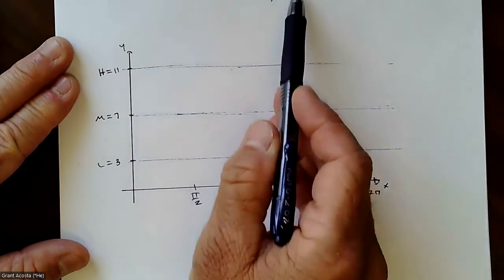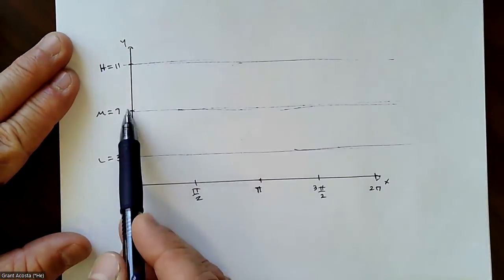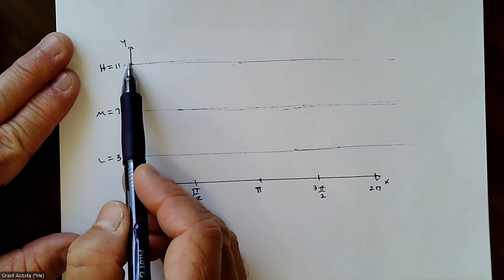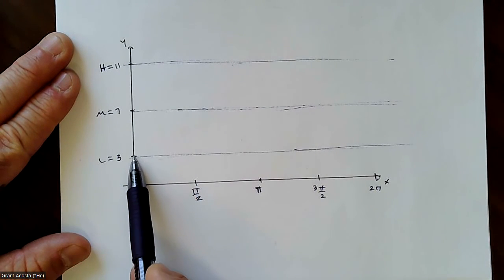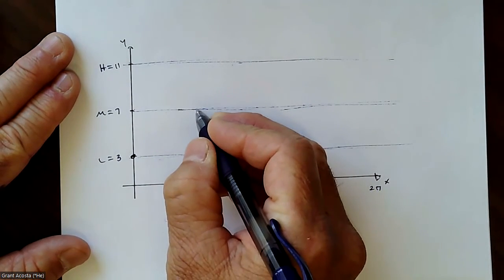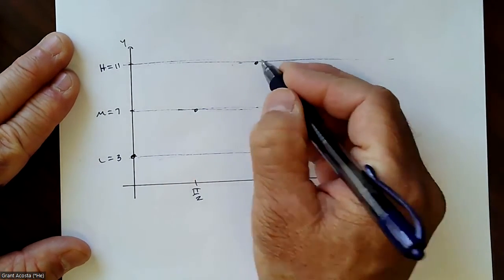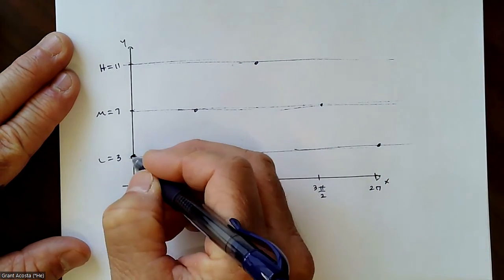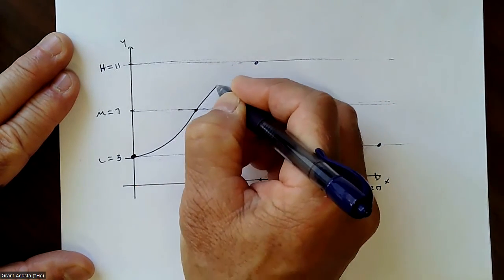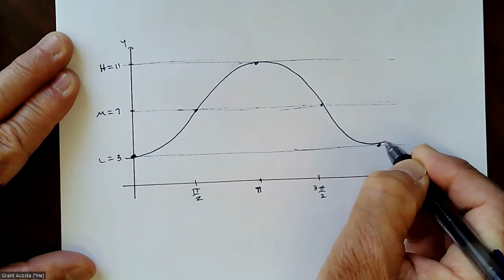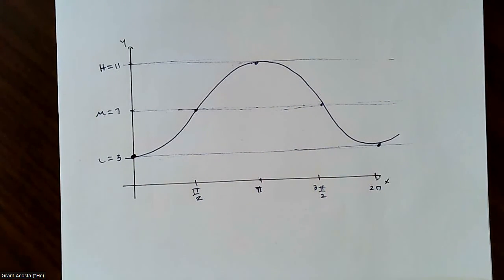So that's what I mean by I'm not really flipping it over the x-axis. It's just a normal cosine. If it was a positive 4 cosine, it would start here, but now it's going to start at my low. Where do I go from low? I go to middle, high, back to middle, back to low. So there we go. That's not too bad, hopefully.